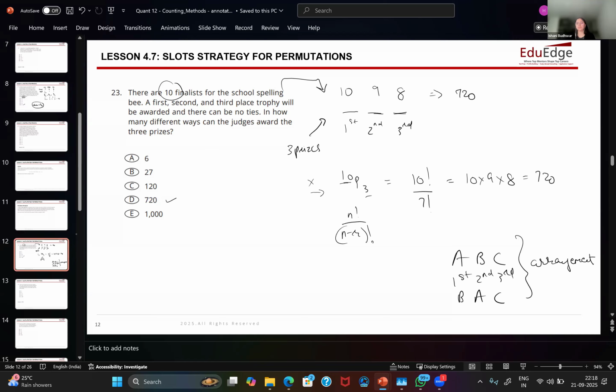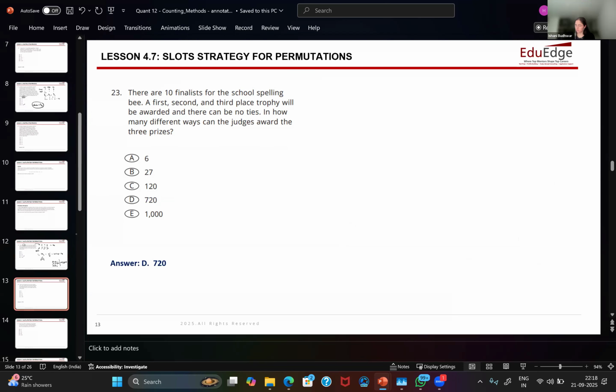Clearly, A coming first, B coming second versus B first, A second, both are different outcomes, should be treated differently. And hence, it's an arrangement problem. Okay. Next.